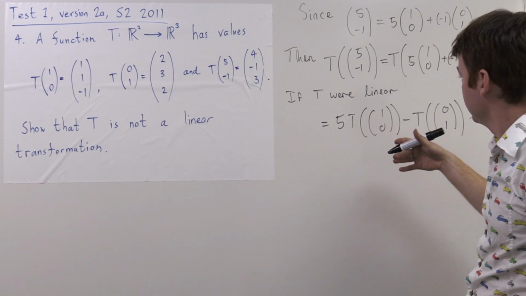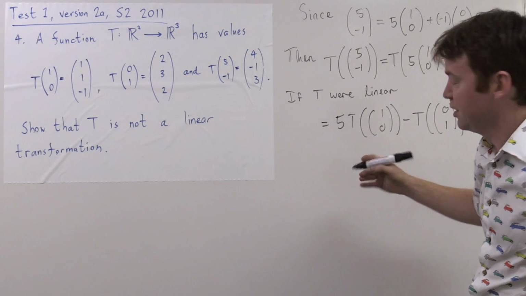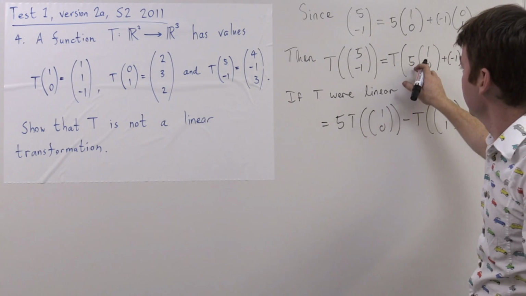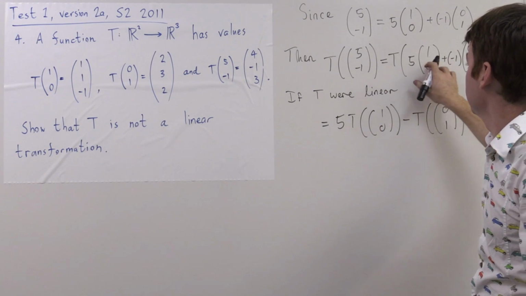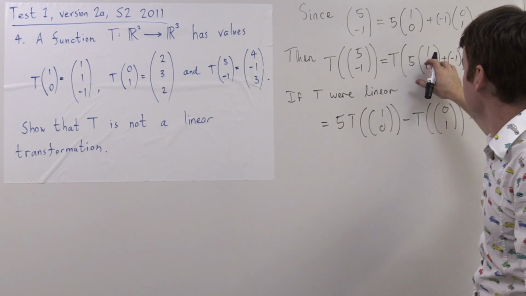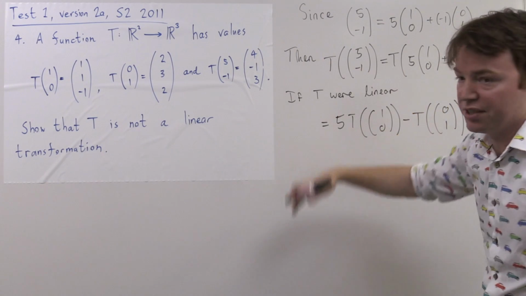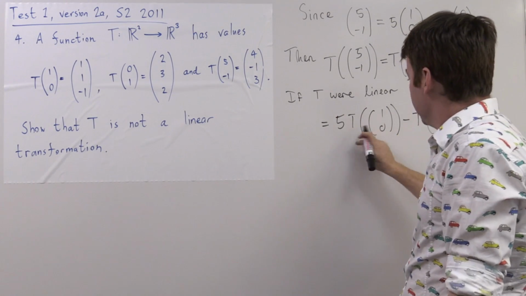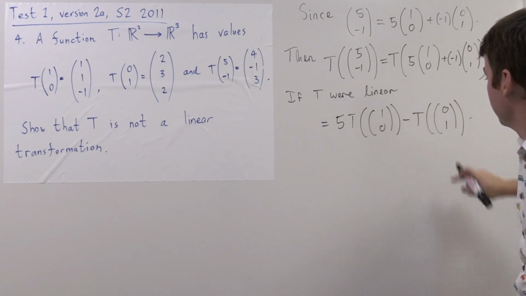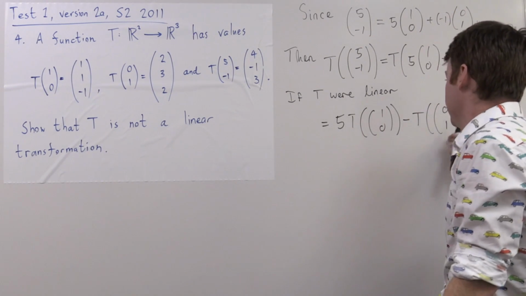Just using the fact that we're supposing for a contradiction that T is linear, this becomes T applied to the sum of these things individually, so it's T applied to 5 times that vector plus T applied to that vector, and I can bring the scalars out, so you can just straight up write it down like this. And I know what T does to (0, 1), and I know what T does to (1, 0).